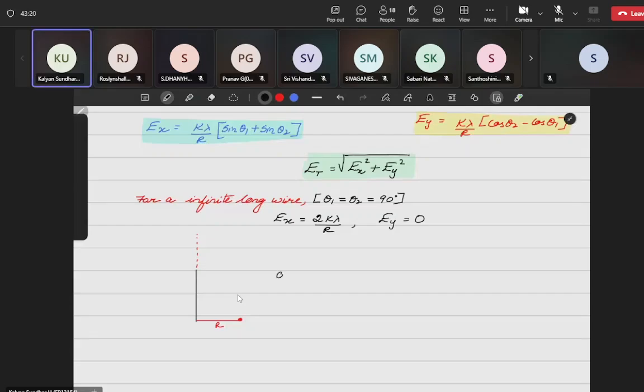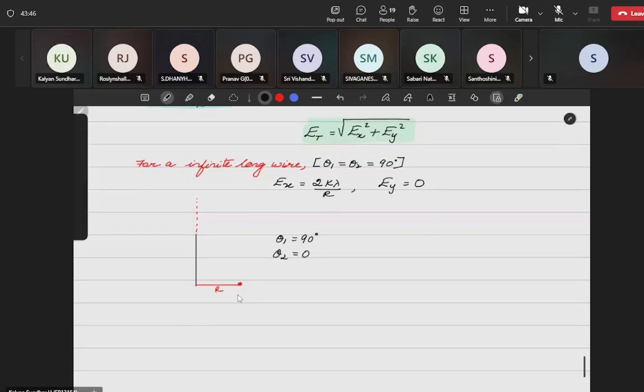Now tell me, theta 1 will be equal to 90 degrees and theta 2 is 0. You have not subtended theta 2, you measure at this point, one end of the rod. So theta 2 will be 0 degrees, and theta 1 goes to infinity, so the angle will be 90 degrees. So this is for the first case of a semi-infinite wire.